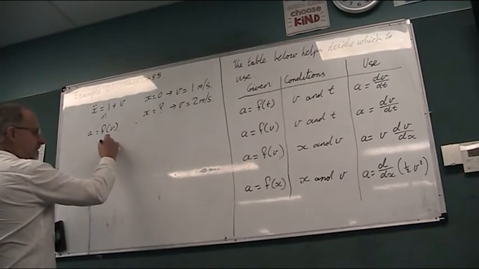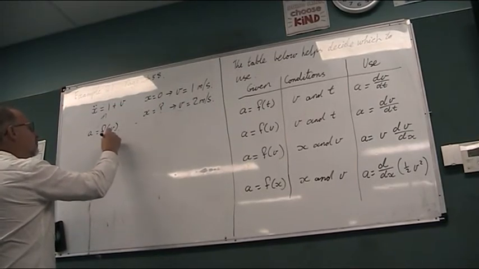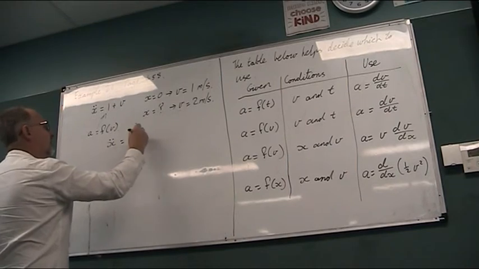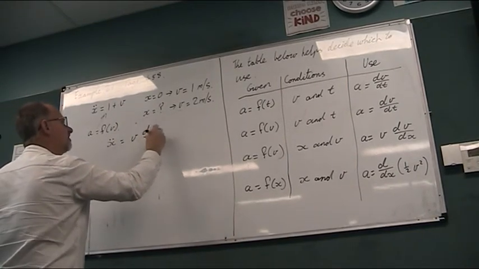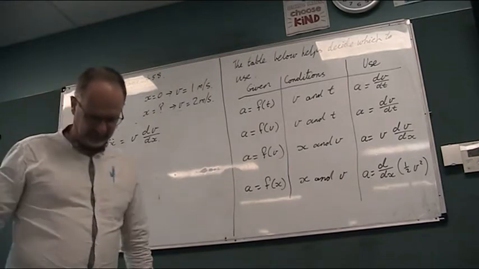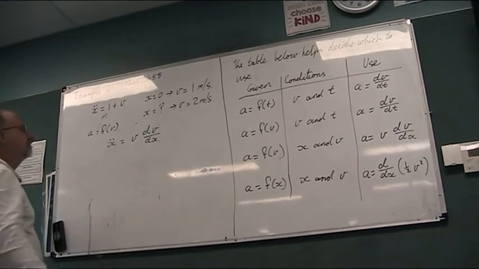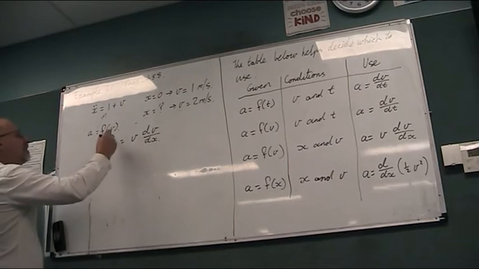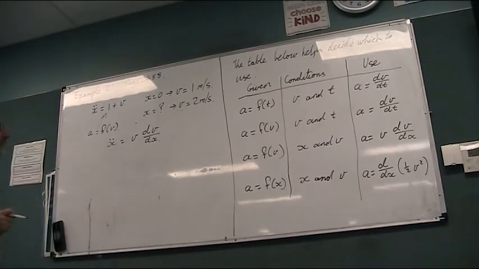So we're going to use the acceleration, and I'll use x double dot, is equal to the velocity times dv/dx. All right. So, what have we got?